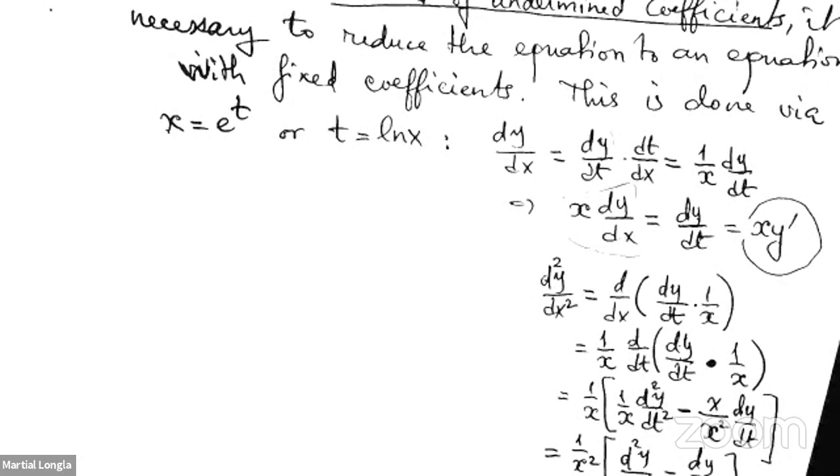So what stands in the equation as x squared d2y over dx squared is d2y over dt squared minus dy over dt.